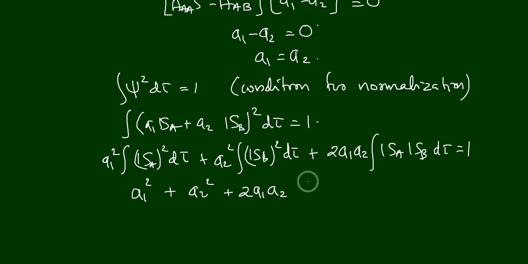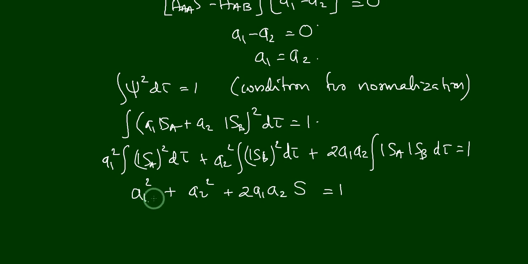We already know that. It is called S, the notation we gave yesterday. So a1 squared plus a2 squared plus 2a1a2S is equal to 1.